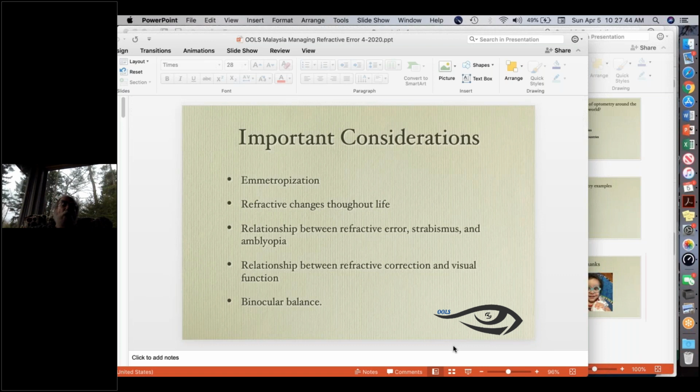People argue about when, probably age 5, maybe age 10, sometime like that. We might even think about myopia progression in teenagers as being part of emmetropization, or perhaps more correctly, some breakdown in emmetropization. Typically, babies are born with about 2 to 2.5 diopters of hyperopia in each eye.